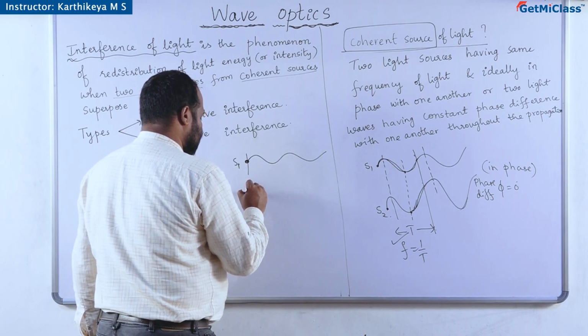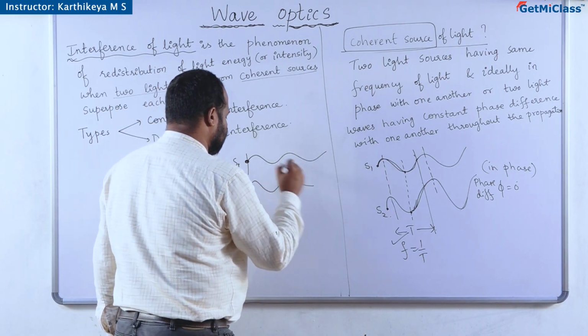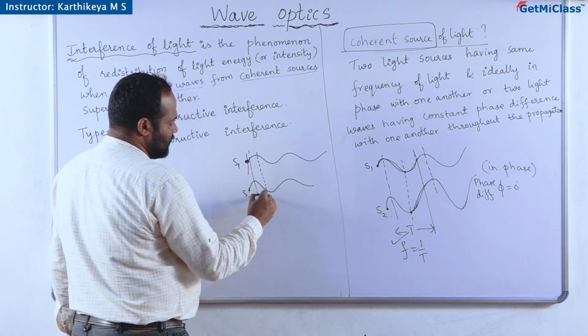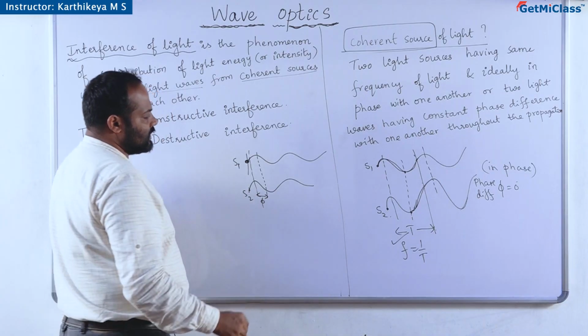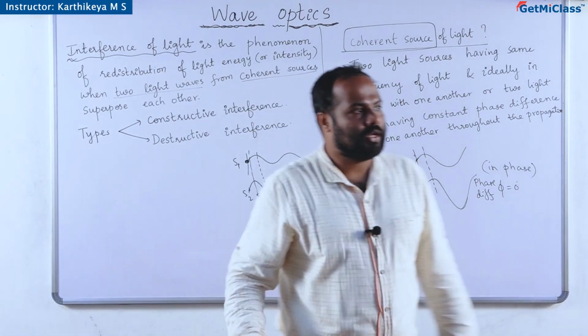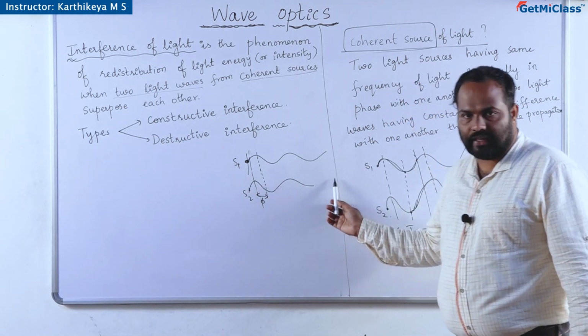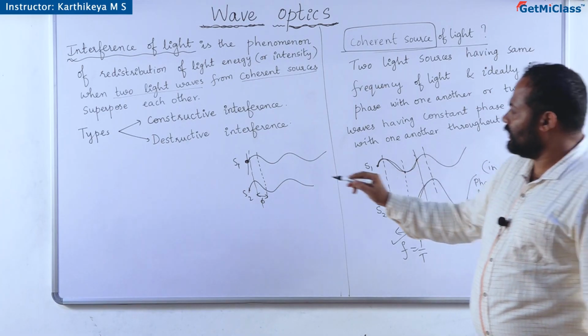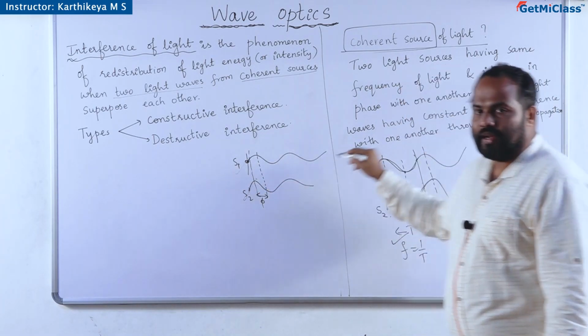You can see this reaches a maximum here, this reaches a maximum here. The phase difference is phi. Even if a constant phase difference is maintained throughout the journey, that is also fine, but they should have the same frequency. Even here the sources are coherent.